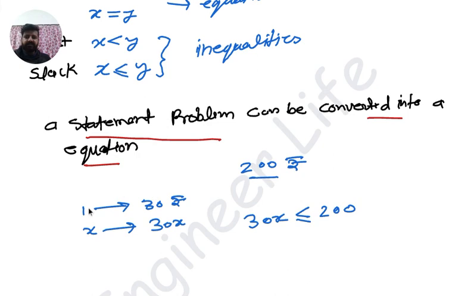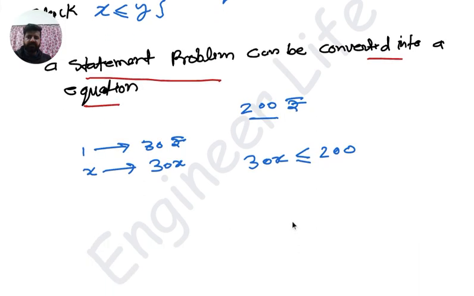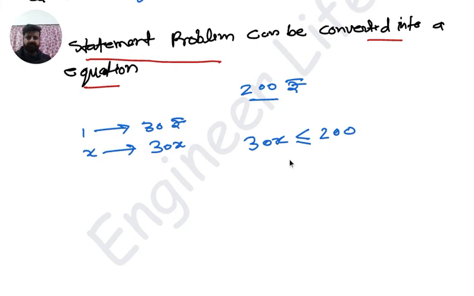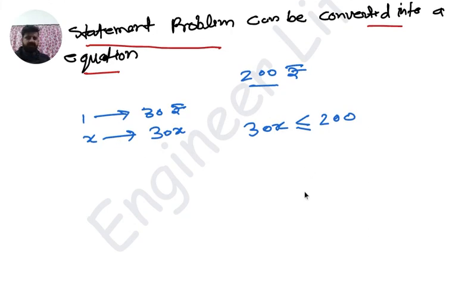So as you can see, I converted a statement problem into an equation or inequality. So this is the conversion of a statement problem into an equation. So now I will solve it. x is less than or equal to 200 divided by 30.